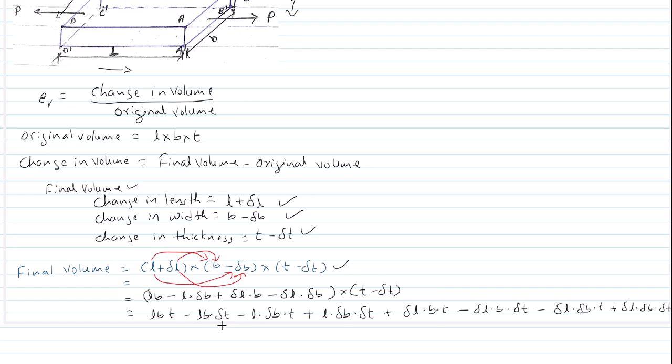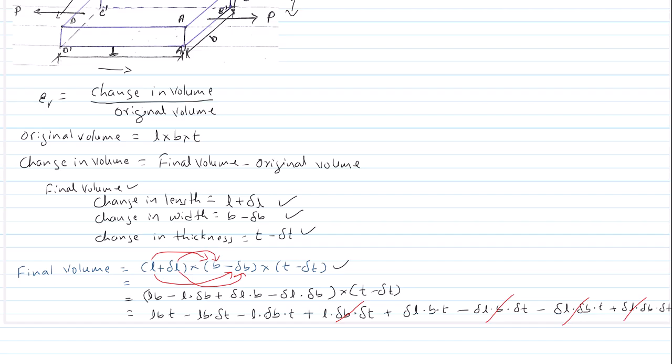Once we multiply this, I need to look at the delta terms. Delta B, delta T and delta L represent a very minute change in volume. That minute change can be neglected where two or more deltas are there in a single term. Here I have two deltas, and here two deltas, and this is one more. So these minute changes in length, thickness and width are eliminated, and only the major terms are considered.